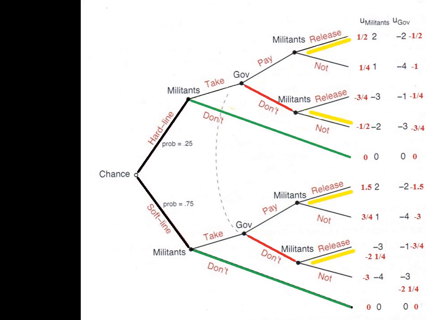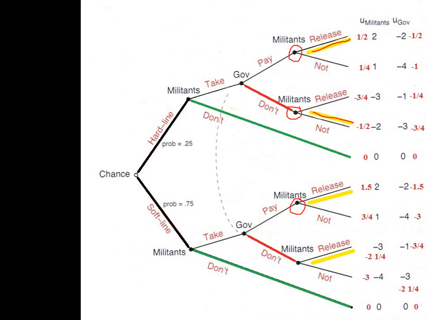The militants need to decide whether or not they're going to release the hostages. So starting at the decision node at the top, we have the militants having a payoff of a quarter versus a half. And a half is better, so they're going to choose to release the hostages. In the second decision node, they have a choice between minus 3 over 4 or minus half.